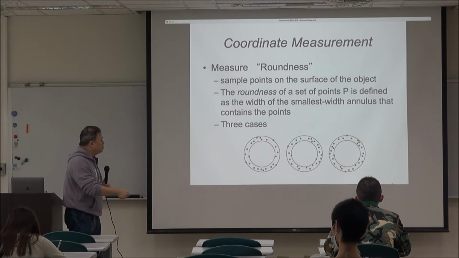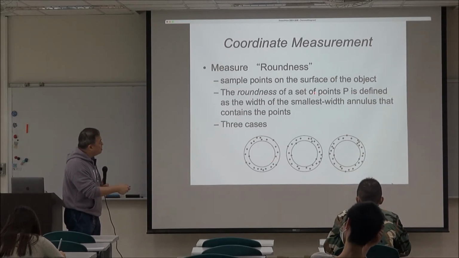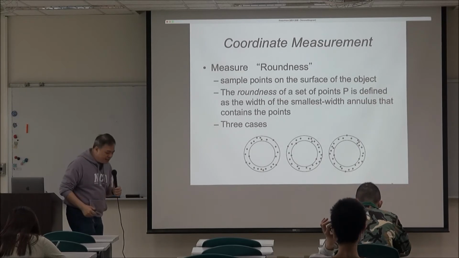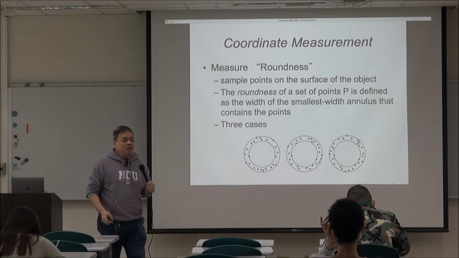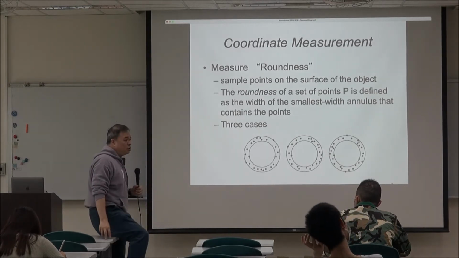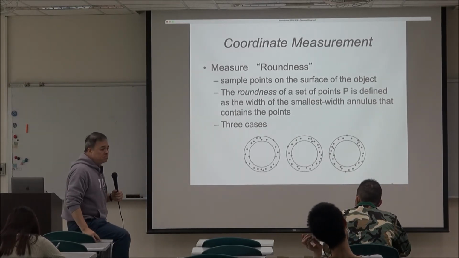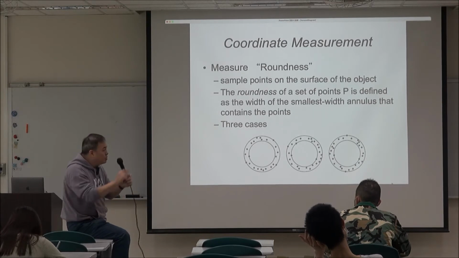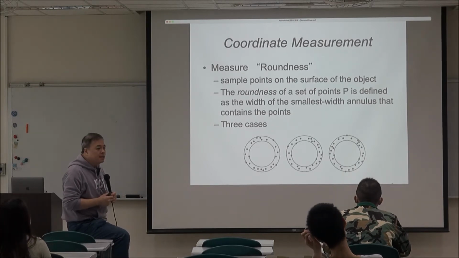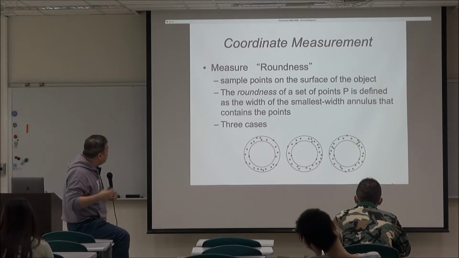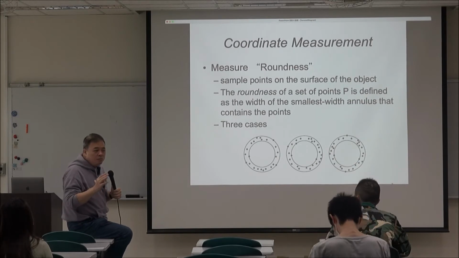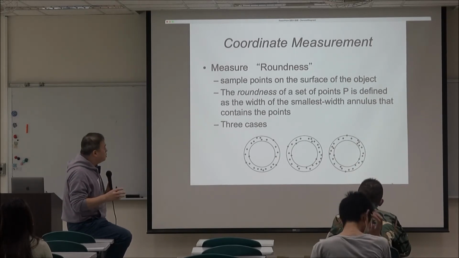You should use the one that provides the smallest width, and use that as an indicator to see how good this batch of product is, because eventually you want to measure the roundness of these rings. So this is the idea of how we use a sampling technique to measure the rings.